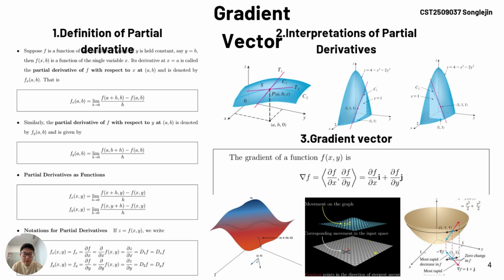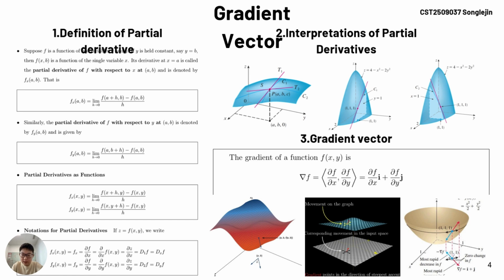Next is the gradient vector. To introduce gradient vectors, we first need to introduce the concept of partial derivative. A partial derivative is the derivative of a function with respect to one variable while keeping all other variables constant.